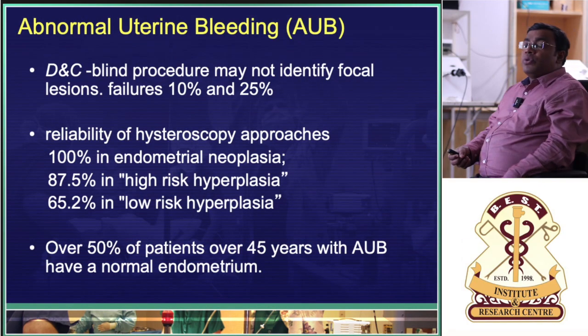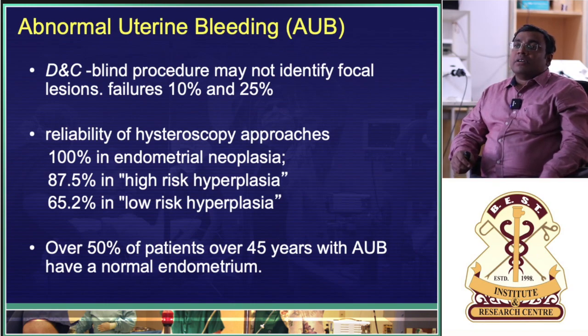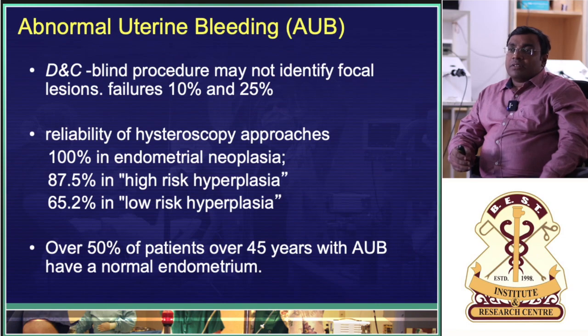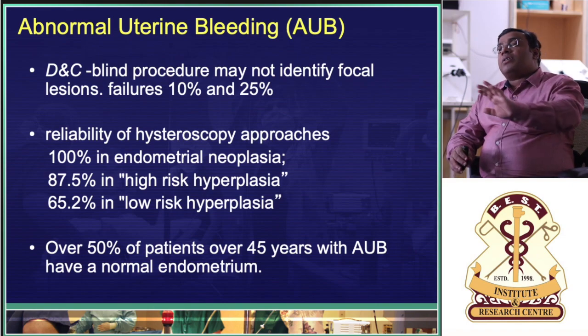So when it comes to AUB, you should never tell them I will do a diagnostic cum therapeutic fractional curettage. Earlier fractional curettage was the modality of investigation. What is fractional curettage? So you should not tell them.